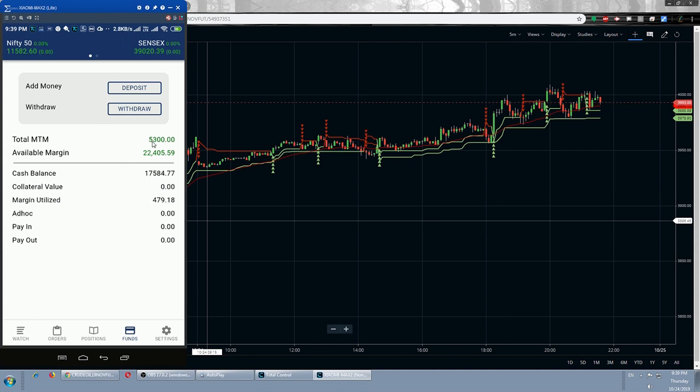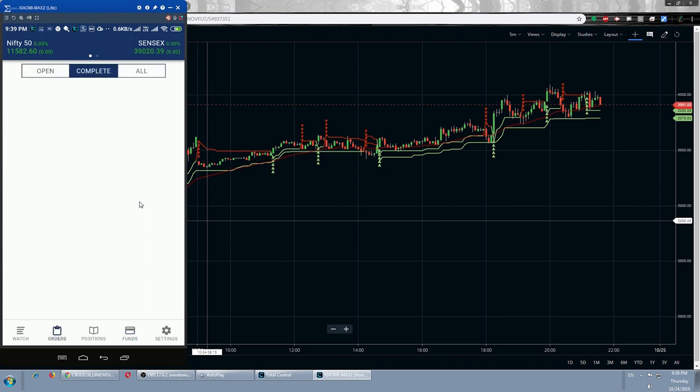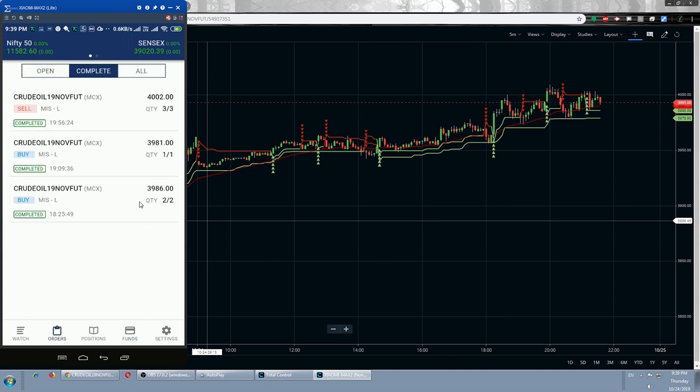The profit that I made was 5,300. So now my capital is 22,400, a total profit of around 30%. So this is the order book, the position and the funds. This is just to prove that I'm not lying. So that was about my trades.